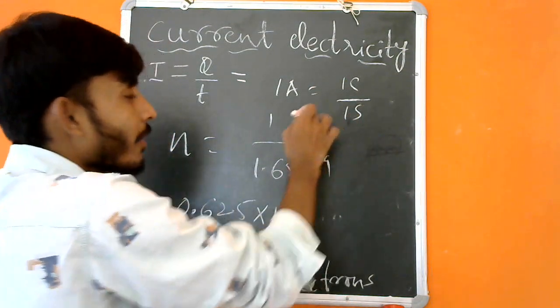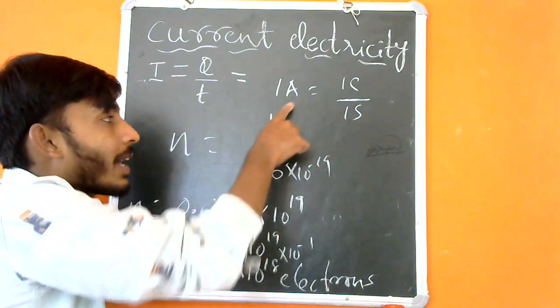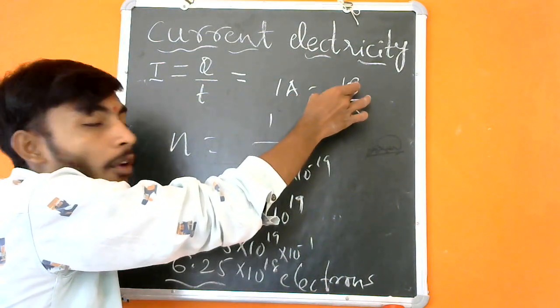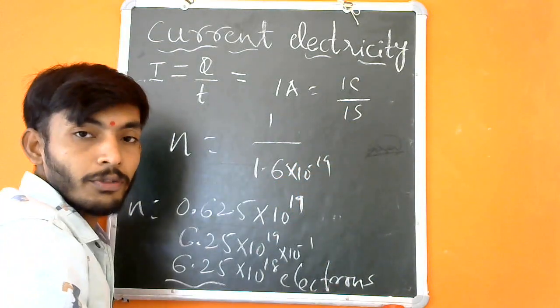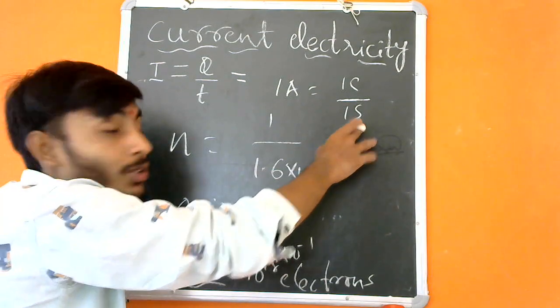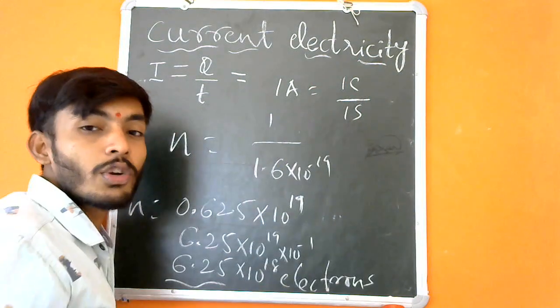In the examination they will ask, define the unit of current. Unit of current is ampere. How to define? Ampere is nothing but the rate of flow of 1 coulomb of charge in 1 second. Correct? That is the definition of the unit of current.